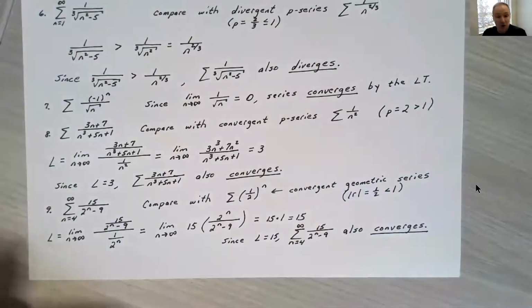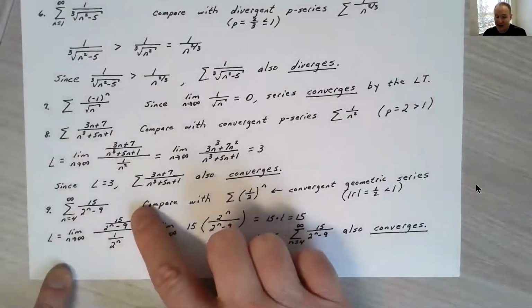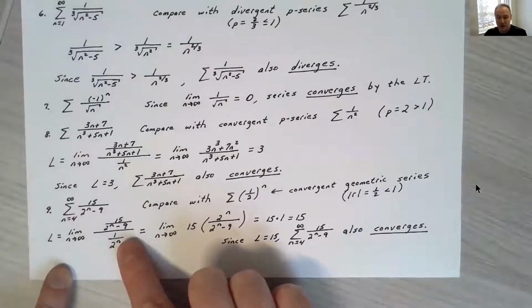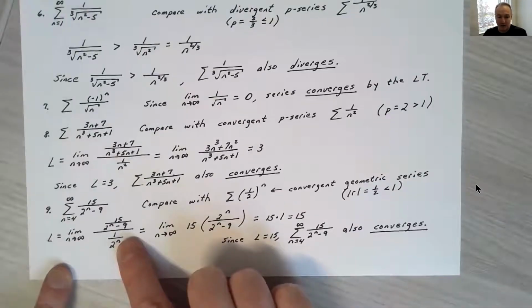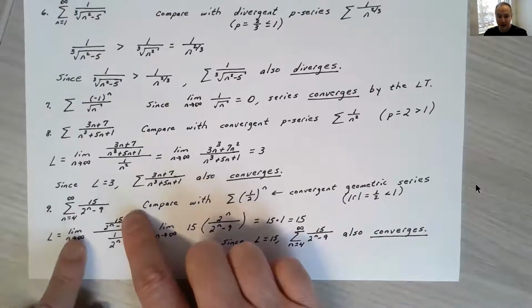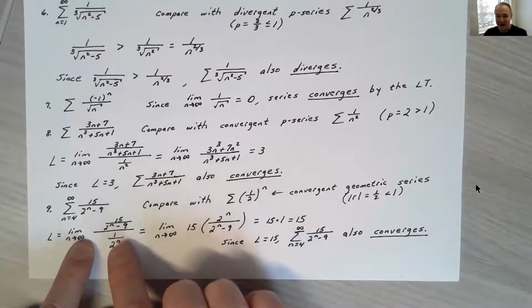Now, if I can show that the limit of the general term of the series I'm trying to find the convergence of, divided by the general term of the series that I do know the convergence of, is just some constant multiple, then it's the same answer. That's what I do here. I take the limit as n approaches infinity of 15 over 2 to the n minus 9, and I divide that by (1/2) to the n.